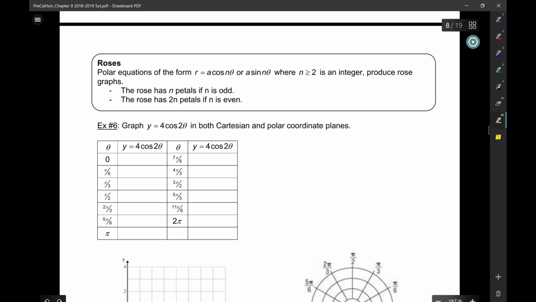The equations of the form R equals A cosine n theta, or R equals A sine n theta, right? So remember when you had R equals A cosine theta, that was a circle. But if it's n theta, now what you get is a rose. Okay, so a rose.